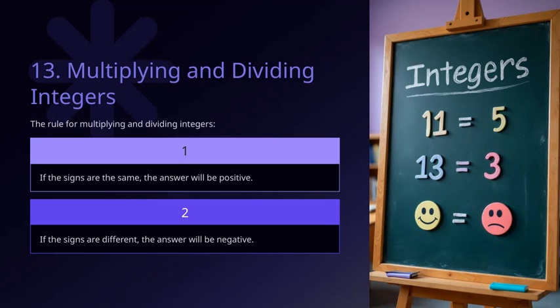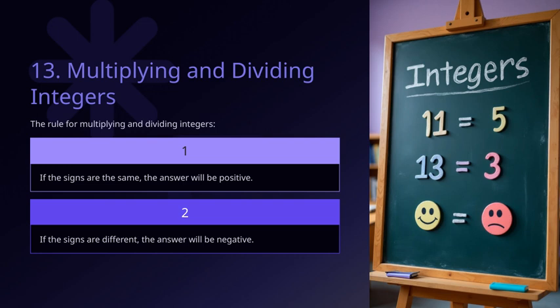All right, let's talk about multiplying and dividing integers. The key rule to remember here is about the signs of the numbers. When you multiply or divide two integers, if the signs are the same, meaning both are positive or both are negative, the answer will always be positive. So for example, positive times positive gives a positive, and negative divided by negative also results in a positive.